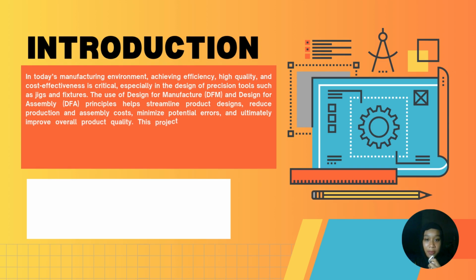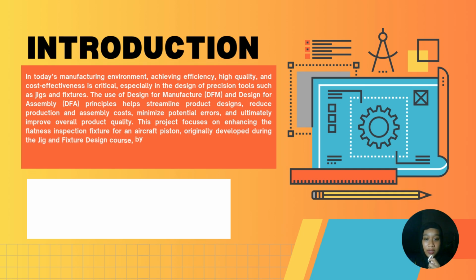This project applies the DFMA tools to improve the existing flatness inspection feature for an aircraft piston designed during the jig and fixture design course. Although the current design works, opportunities exist to optimize it using the DFMA software.